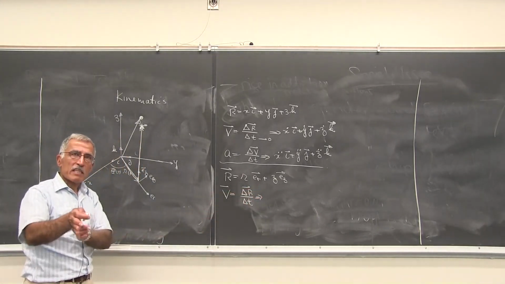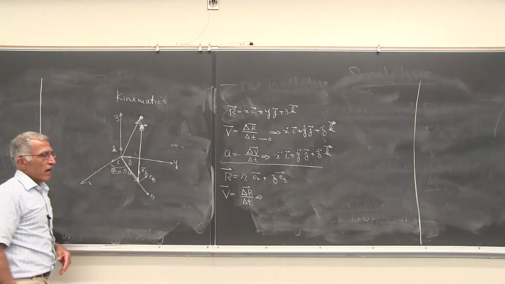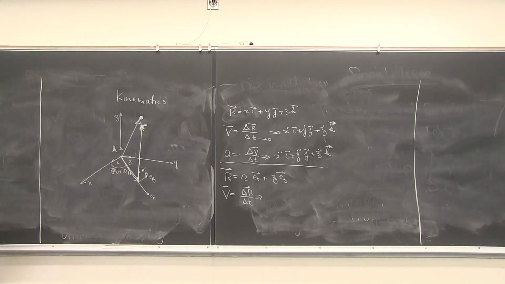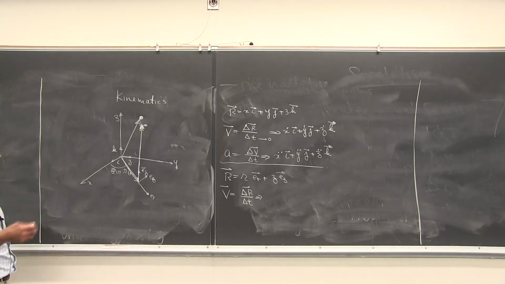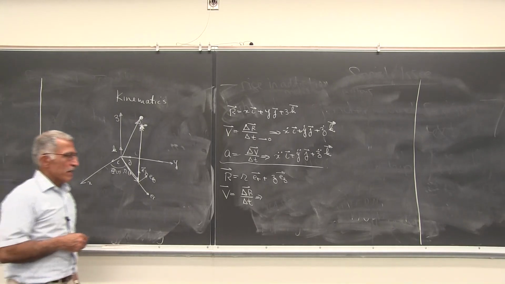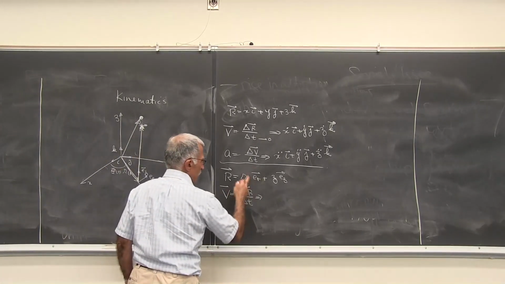Next time your er is at a different location, and it keeps on changing, and therefore you cannot say der dt is equal to 0. You have to see what der dt is. We went through the calculation last time, and I'm not going to repeat it.